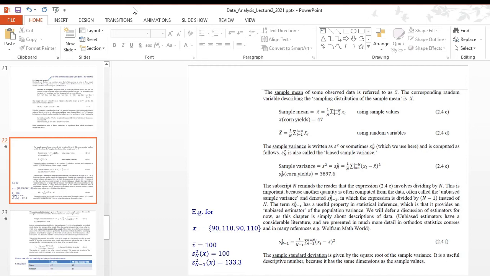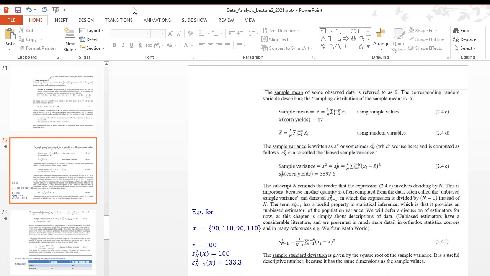And these are actually different arithmetic formulae. One of them, s squared subscript capital N, and the other one, s squared subscript capital N minus 1. These are used for different things, and you should be aware of that if you need to interpret why algebra is done in a particular way.